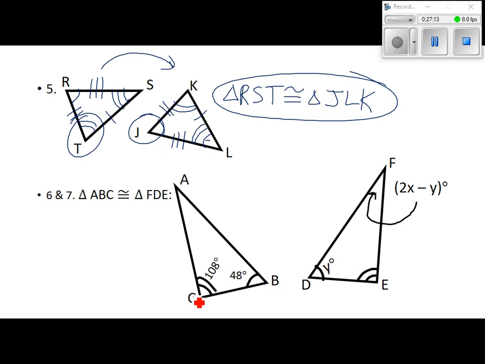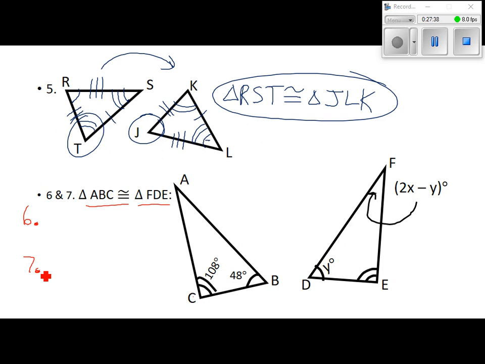Six and 7. Problem 6 just says find the value of X. Problem 7 says find the value of Y. They give us these two and they tell us that these two triangles are congruent to each other. So we just have to match them up. We're going to have to find Y first, so we're actually going to have to do number 7 first.